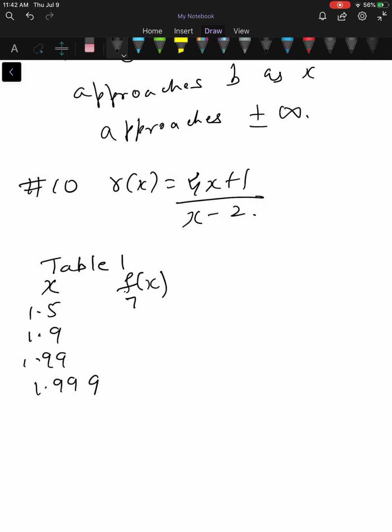So this will be 7 divided by 1.5 minus 2, which is negative 0.5. 7 divided by negative 0.5 would be negative 14.